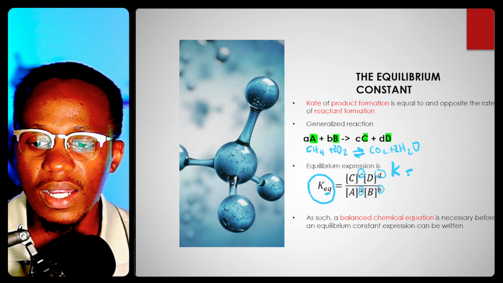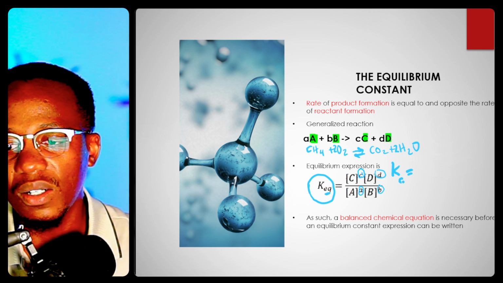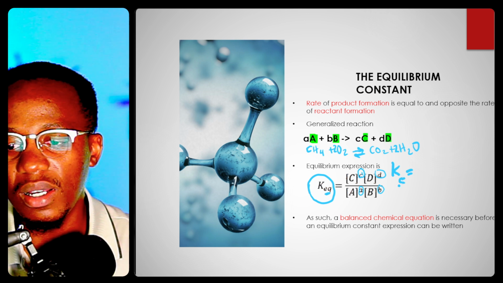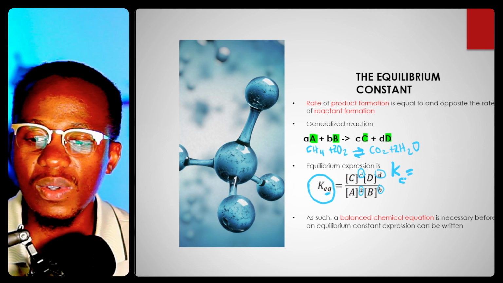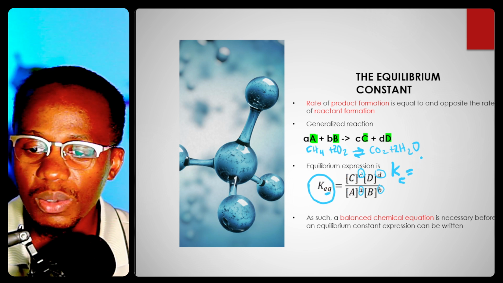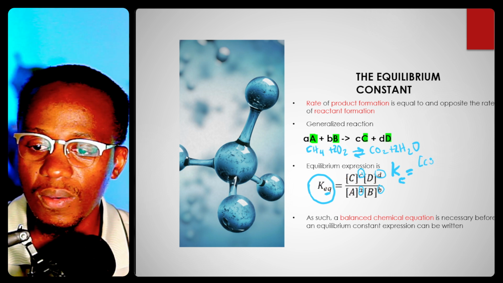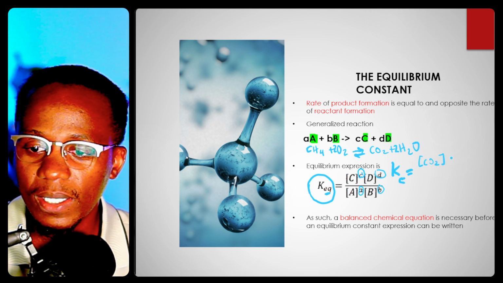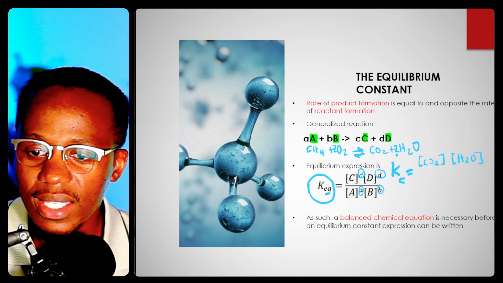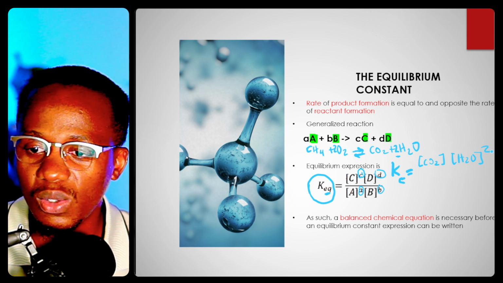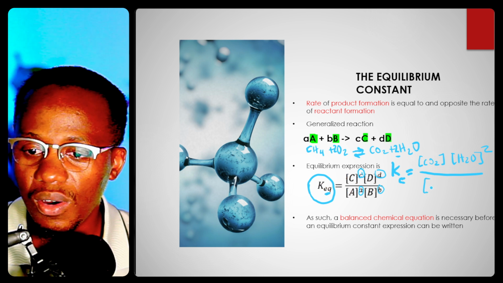K, or Keq or Kc, c is concentration. So again, if you see a lot of K's with different little things down here, I want you to know the differences, right? Kc is the same as Keq. Kc is for concentrations. So it's going to be equal to the concentration of the products. Here, what are the products? CO2 is a product, and then H2O is a product. And look at that, H2O has a 2 in front of it, so it gets a squared, over the concentration of their reactants.